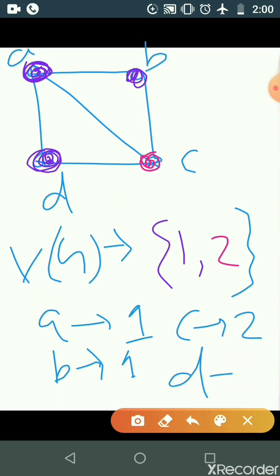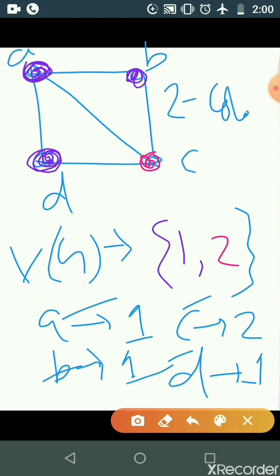As all these vertices have some image, that is all these vertices are colored by some color, this is a function, or a mapping, from V(G) to the set of colors. Here we are using two colors, so we call this a two coloring.